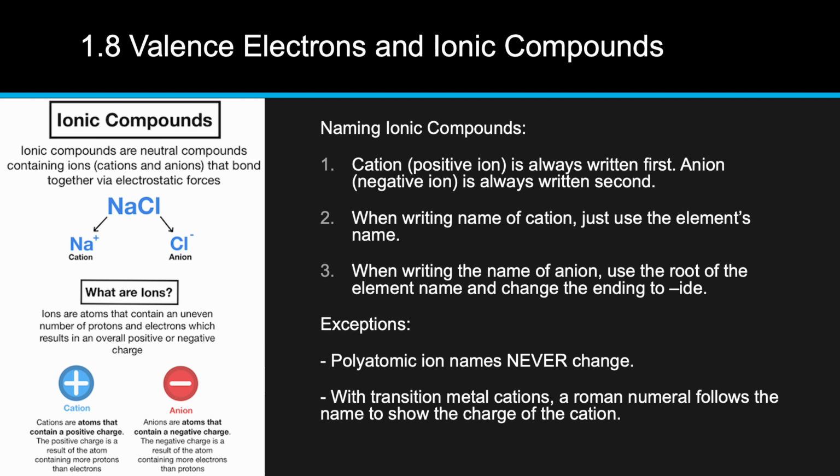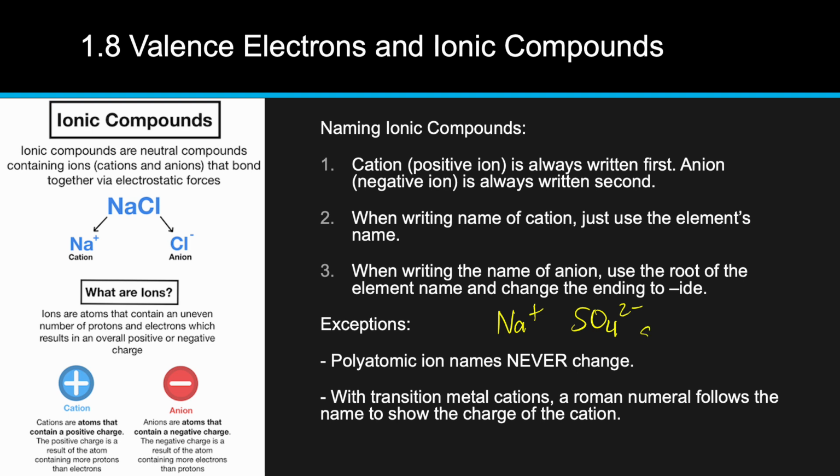A few exceptions to this: if you ever have a polyatomic ion, you're never changing the ending of that. So for example, if we had sodium sulfate, we have sodium with a +1 charge, and we have sulfate with a 2- charge. When we are writing this down, we're not changing the ending of sulfate.